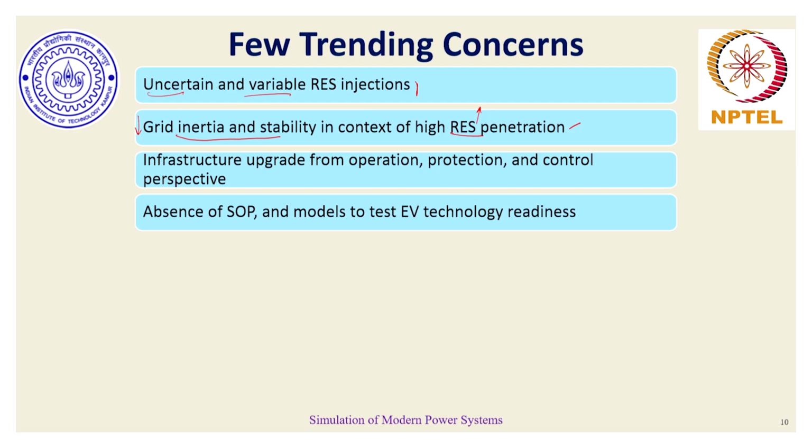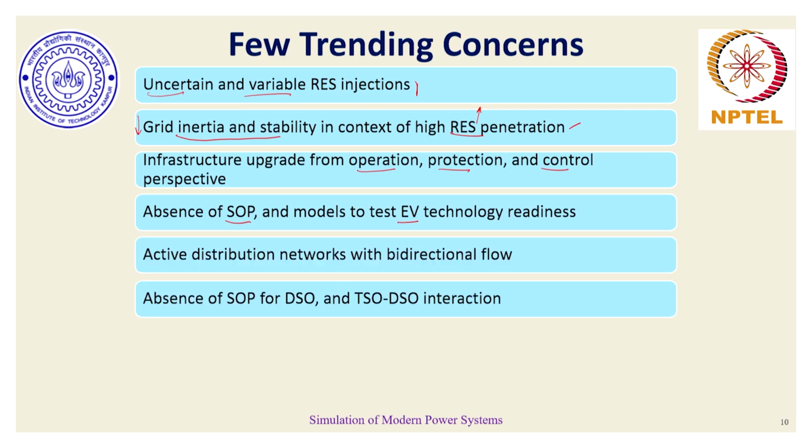Because of this renewable energy integration, there are requirements in terms of infrastructure for upgradation of operation, protection and control. We don't have standard operating procedures yet for how to understand and analyze whether our power network is ready for EV technology. Distribution networks, as I mentioned, have become bidirectional.